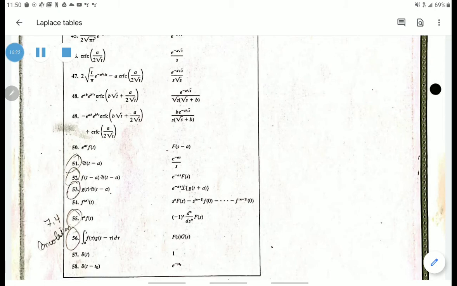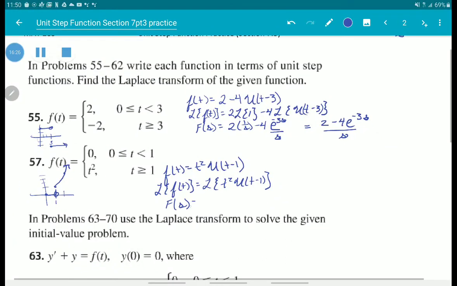So it's e to the negative as times the Laplace of g of t plus a. So it's going to be e to the negative, our a is 1s times the Laplace of, and we're using a function f of t, so I'm just going to use f of t plus our a.